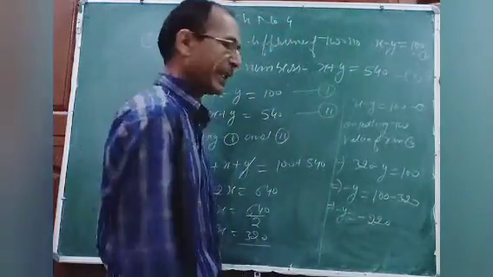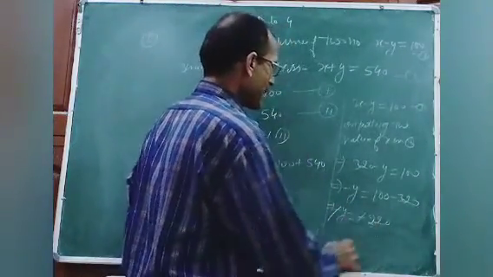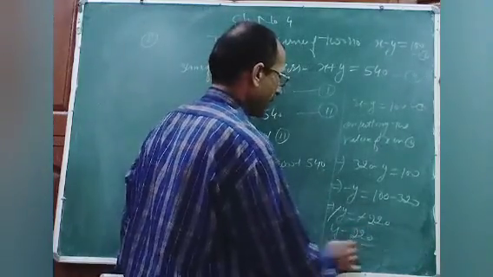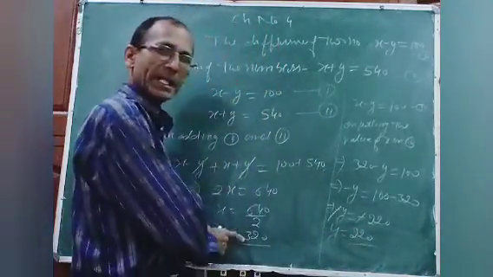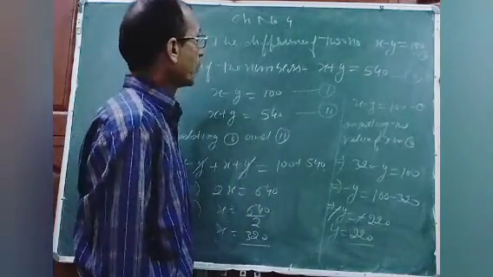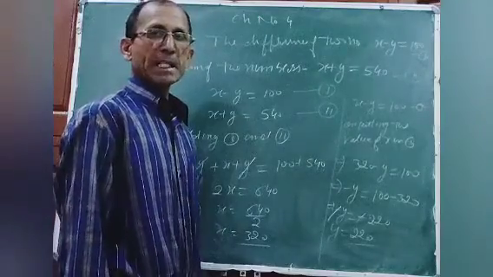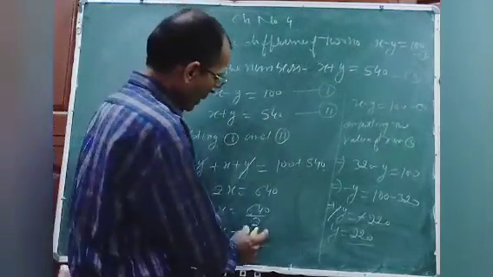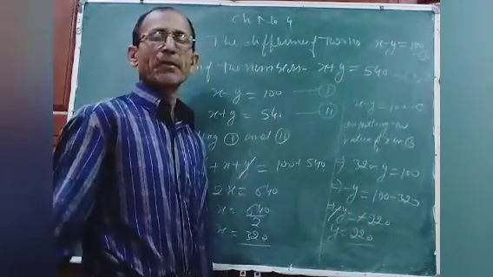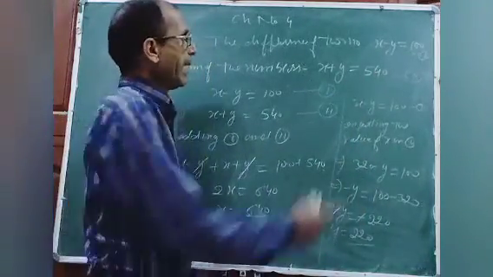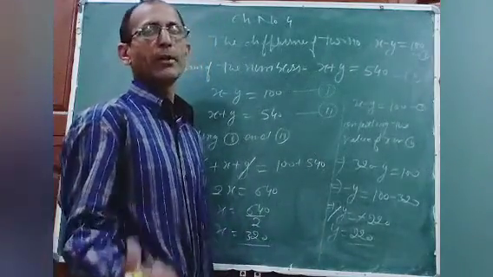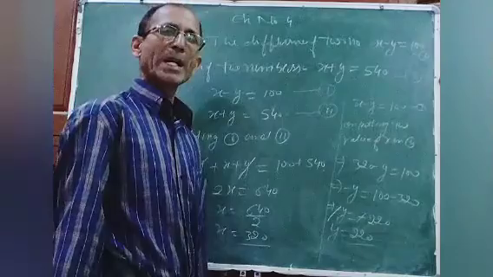Minus cancels minus, so y is equal to 220. So one number is 320 and the second number is 220. For your satisfaction, verification: 320 plus 220, if I add them, their sum will be 540, and the difference of x and y, 320 minus 220, is 100. I hope you have understood.